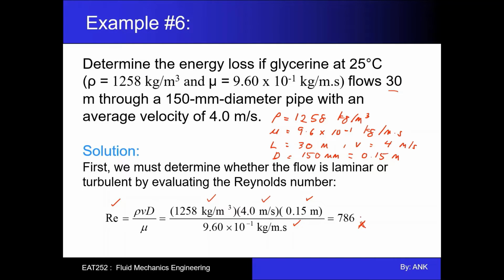Okay, so this value is below 2000. So that means the flow is laminar flow. Now because the flow is laminar, we have two equations to determine the energy loss.